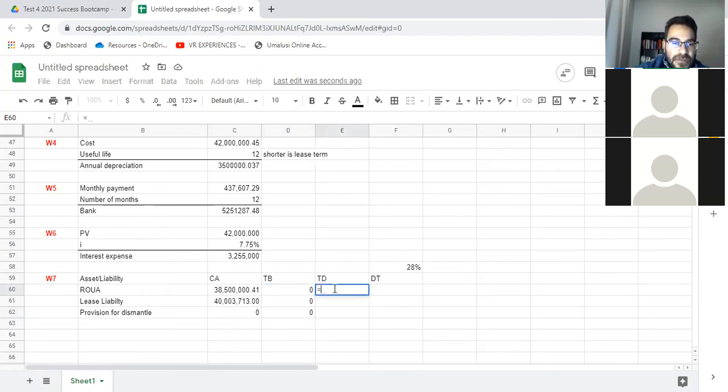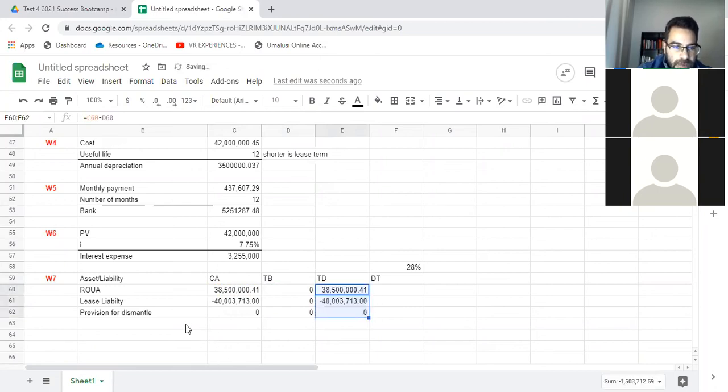So the temporary difference, obviously this is a lease liability. You can decide what you want. I make my assets positive and my liabilities negative. So I just say carrying amount minus tax base.